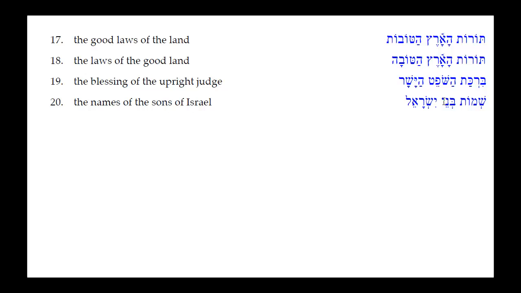The tsere takes its place. And the kamatz that was under the bet, because it's an open, unaccented syllable, reduces from a kamatz to a sheva, B'nai, and then you have the absolute noun Yisrael. Shemot B'nai Yisrael, the names of the sons of Israel.